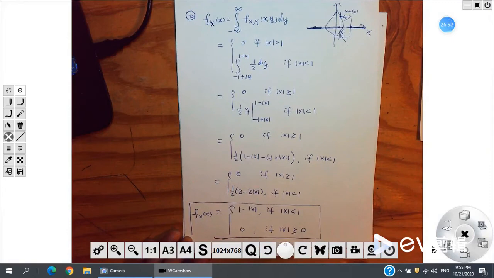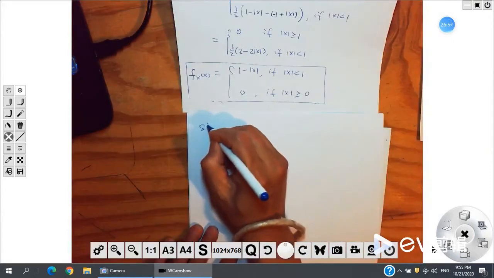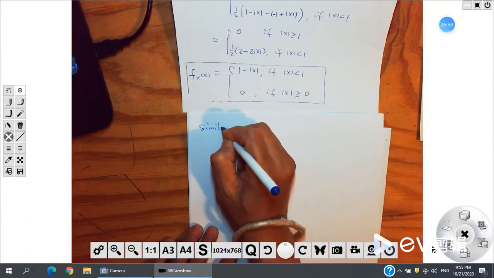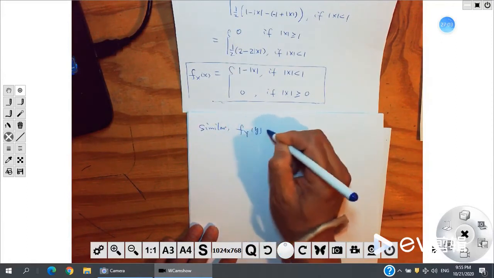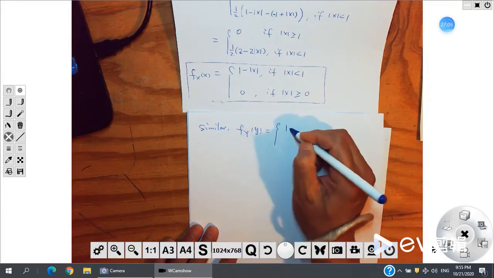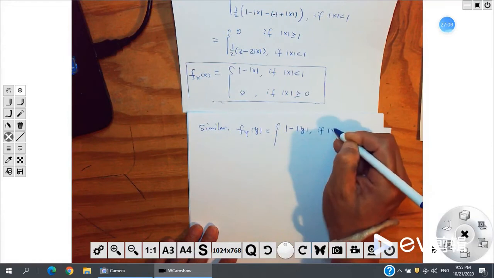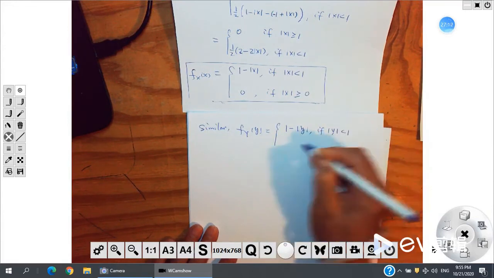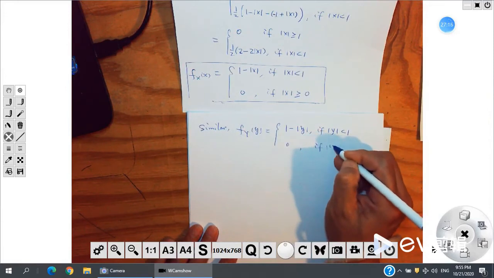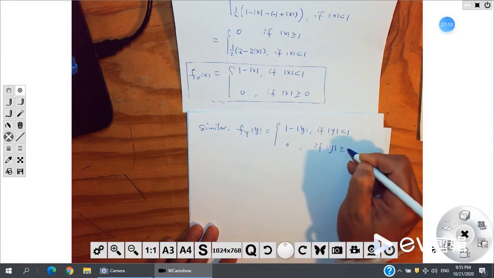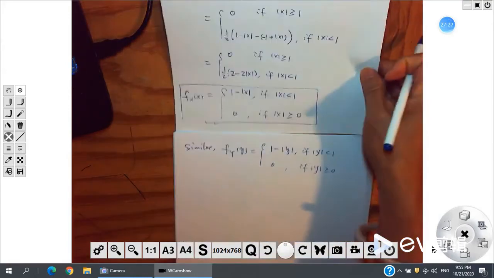Alright, then similarly we can have fy of y equal to 1 minus the absolute value of y if the absolute value of y is smaller than 1, and 0 if the absolute value of y is larger than 1. We will have this, and we can have the graph of these two functions.